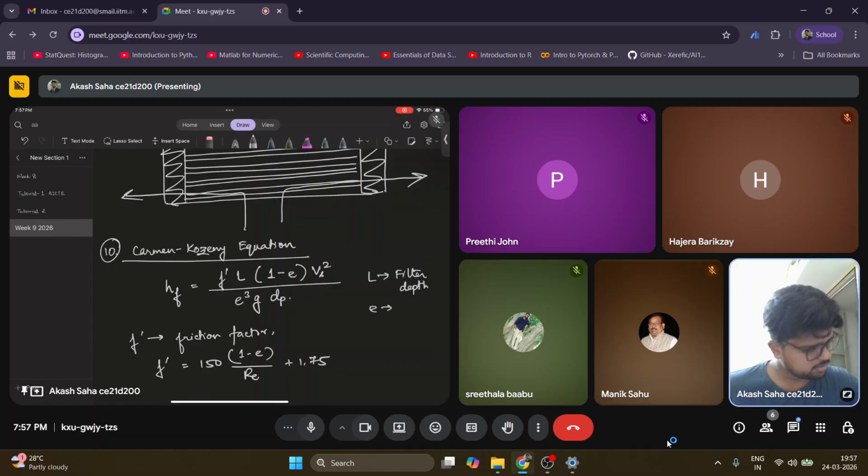E is not the void ratio, E is the porosity. I was making a mistake. Many places we denote E by void ratio, but here E is the porosity. You can also write it as M, that doesn't matter. Vs is the filtering velocity, and dP is the diameter of the particle.